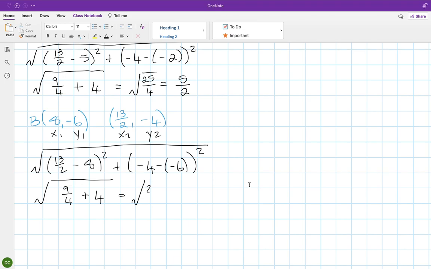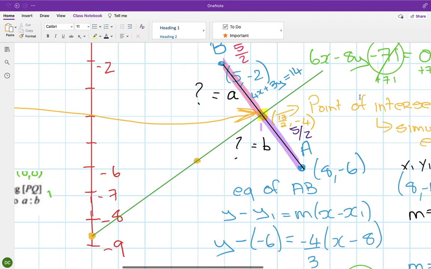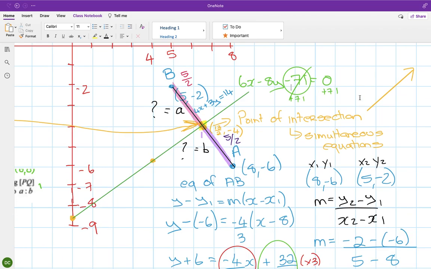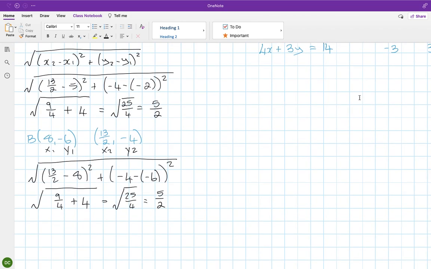That is the square root of 25 over 4, which is 5 over 2. So that means this bit, do it in purple, is also 5 over 2. I've put that in there. See what I mean? So that means that basically that's cutting it in half, which means the ratio is 1:1.